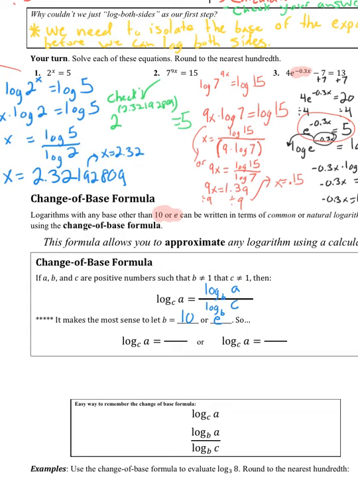And that's because I can use a common logarithm or natural logarithm in my calculator pretty easily. If we're doing log base 10, I don't need to write the base. But what we're seeing here is this base c is going to the denominator of the fraction. If I did natural log, it'd be natural log of a over natural log of c.